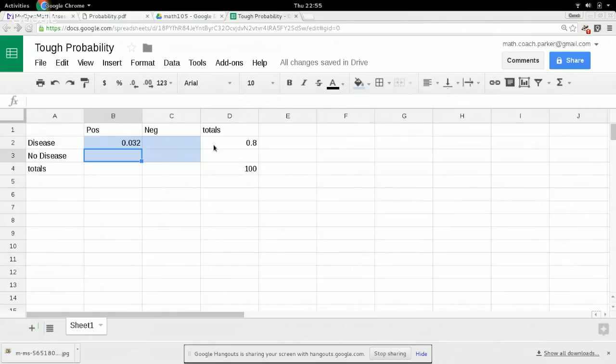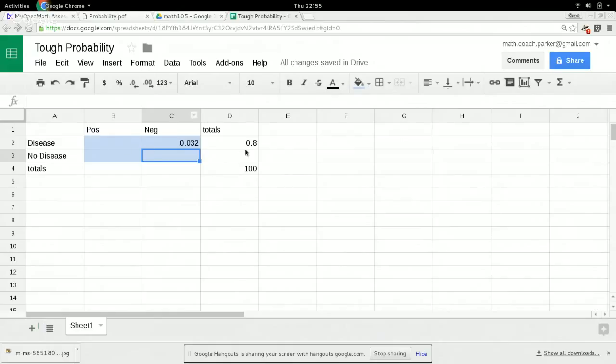Oops, I put that in the wrong spot, didn't I? Delete. False negatives. So they have the disease, but they tested negative. So that's going to be 0.04 times the number of people that have the disease, which is that point. Okay, so there's the number of people that have false negatives according to this.